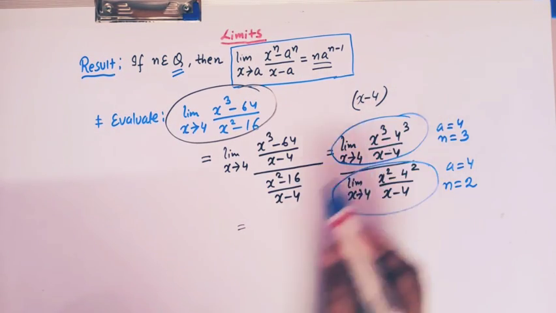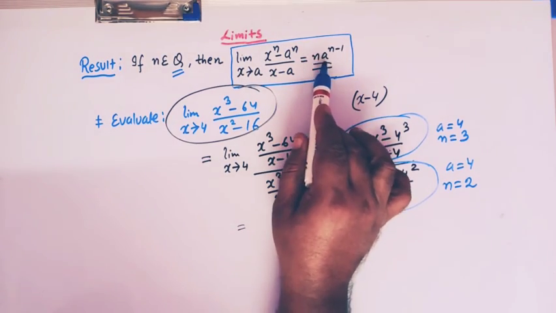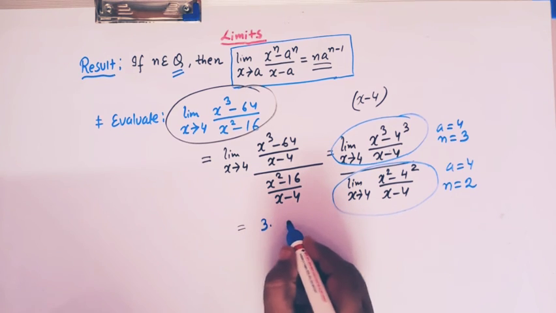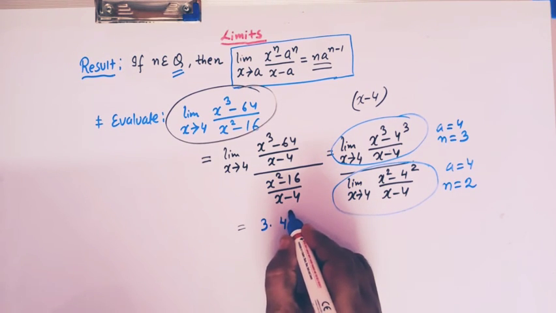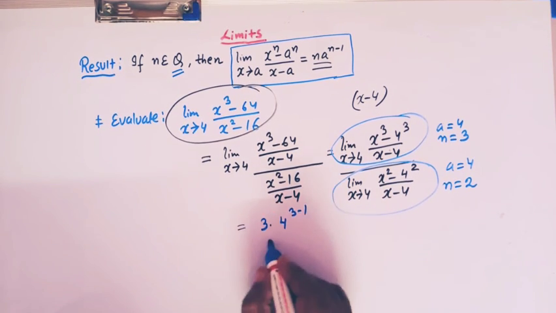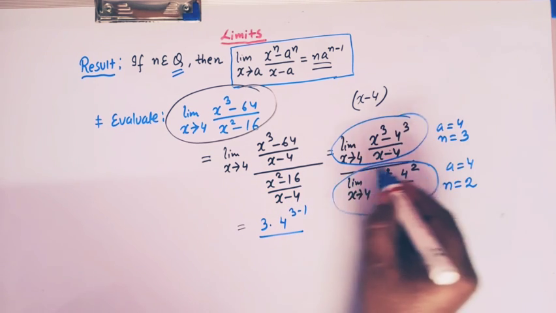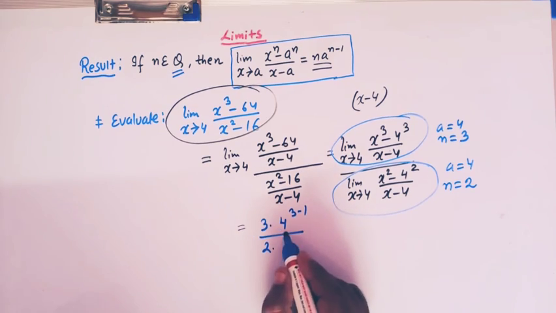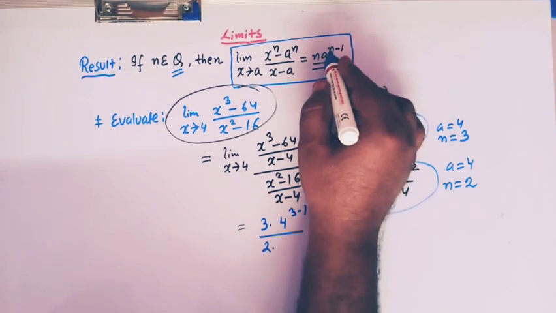So this limit is now equal to n times a raised to n minus 1. So n is 3, times 4 raised to 3 minus 1, divided by, and in the denominator we can write here 2 times a raised to n minus 1.